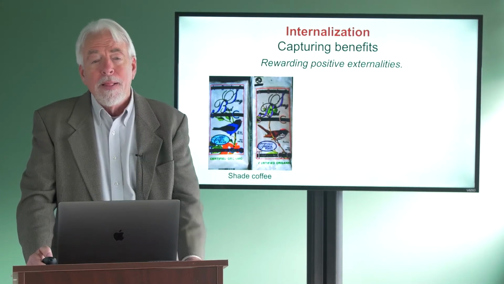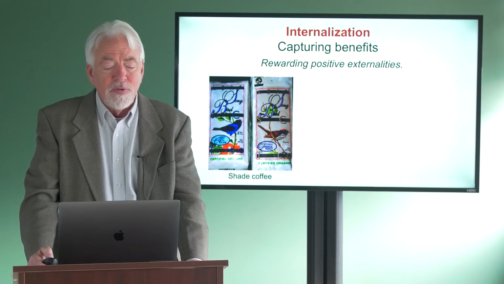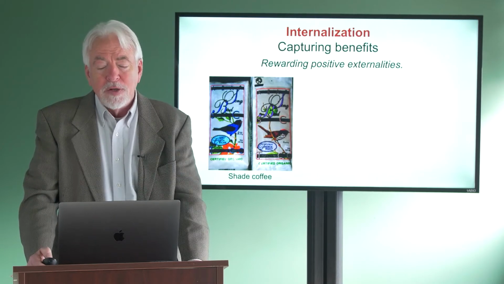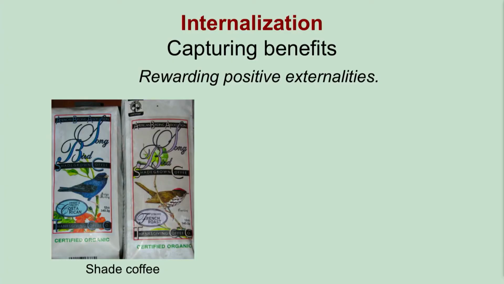So for example, the certification of bird-friendly or shade coffee undertaken by the Smithsonian Institution, among others, is a way of certifying that coffee has been produced in environmental conditions that provide this positive externality.